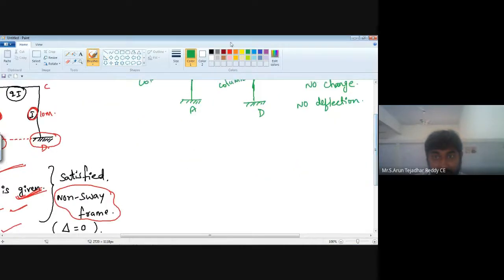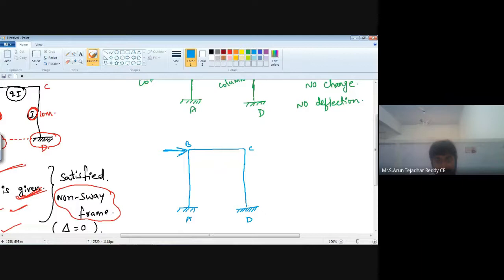See the other example. Now I am telling you other than those 4 conditions. I have so many example problems with me. Same structure A, B, C, D, and moment of inertia, everything is okay.